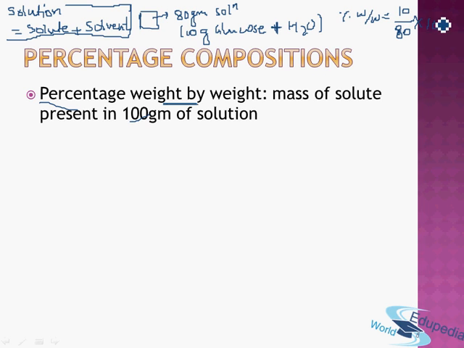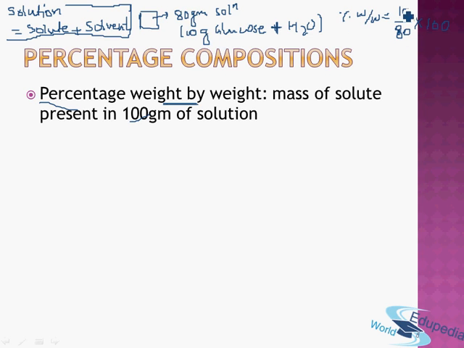Because when you calculate this fraction 10 by 80, what does this fraction represent? It represents that if you have 10 gram glucose in 80 gram solution, then how much glucose do you have in 1 gram solution?